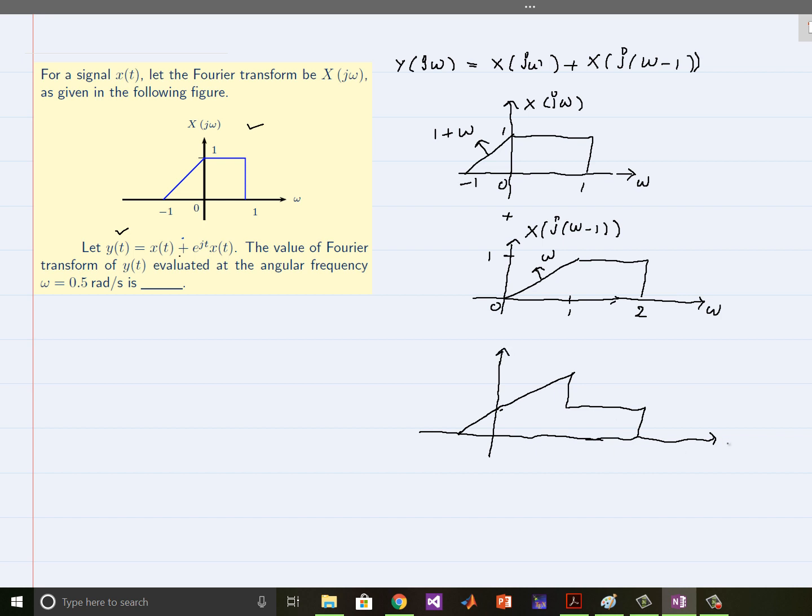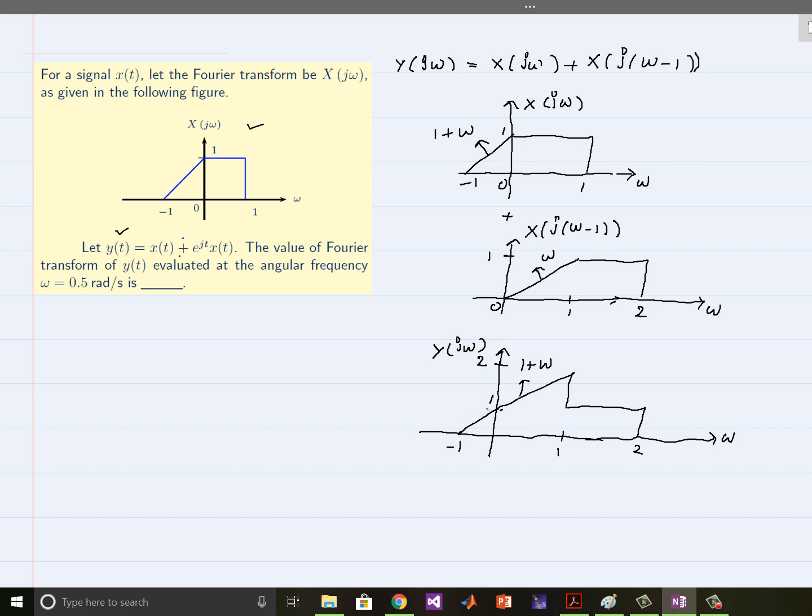So this would be our Y of j omega. This amplitude would be 2, and this amplitude would be 1, and the equation of this line would be 1 plus omega, and the corresponding points would be -1 and +1, and this would be equal to 2.